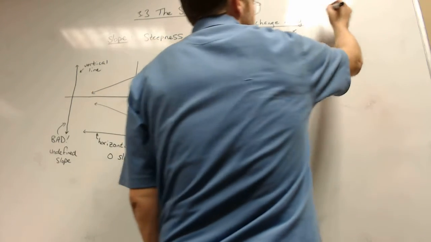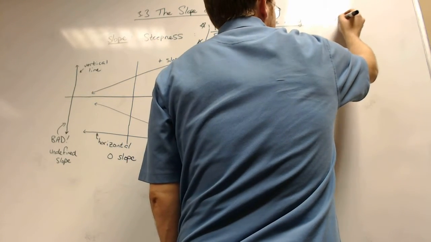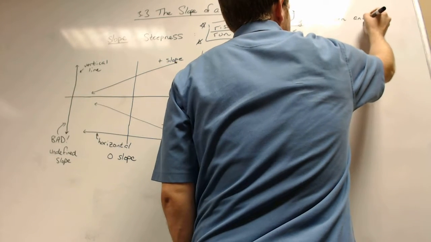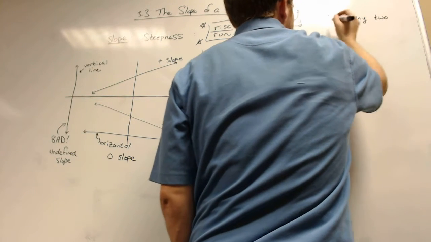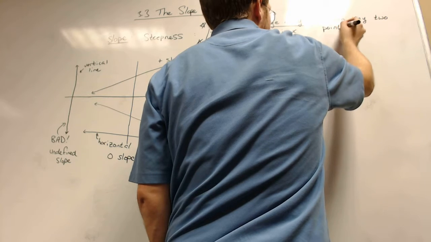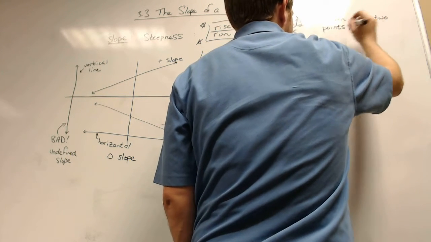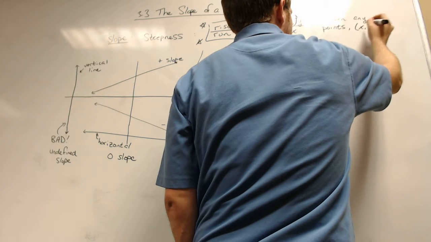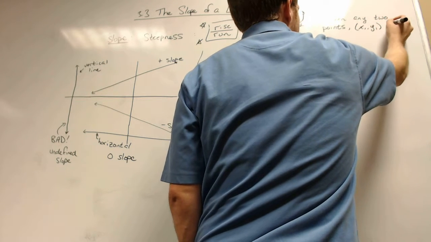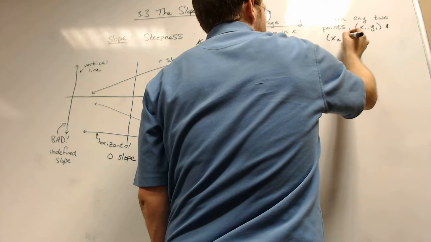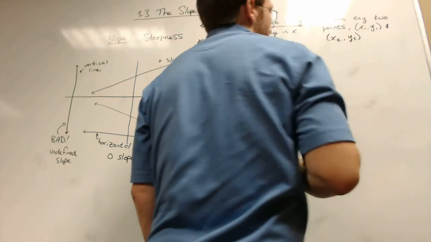All right, so lastly, given any 2 points, I'll generically call these 2 points (x1, y1) and (x2, y2).